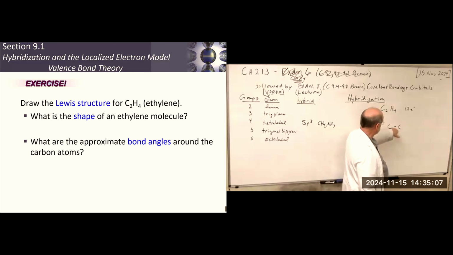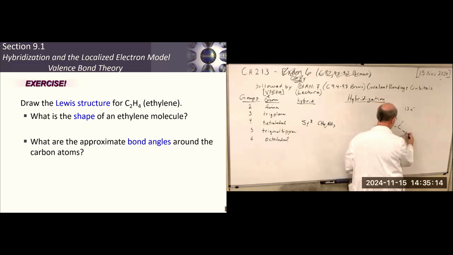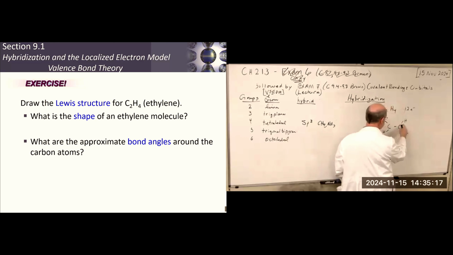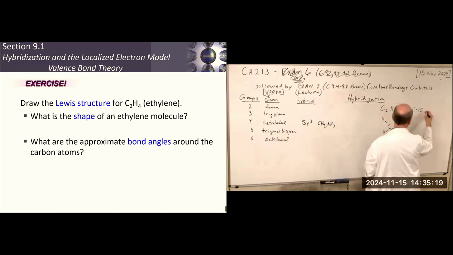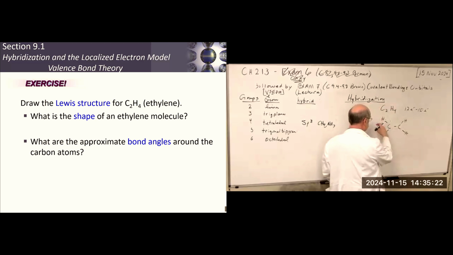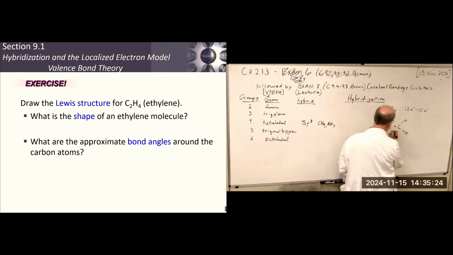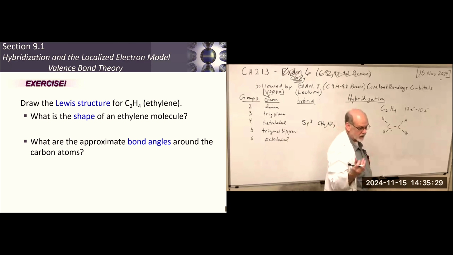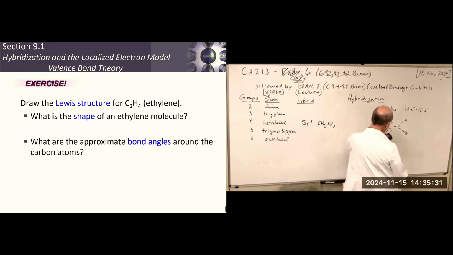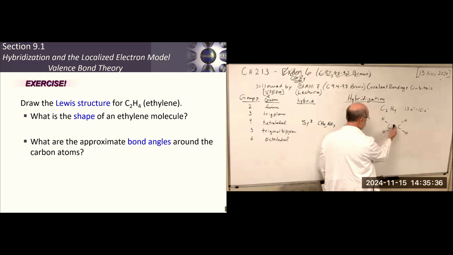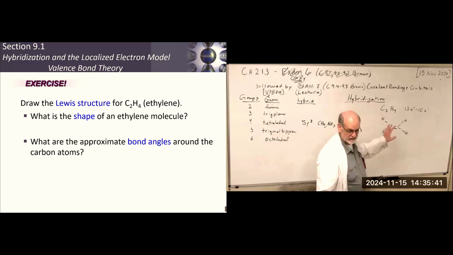Those two carbons are bound together, and then the hydrogens go symmetrically, like this. 2, 4, 6, 8, 10. There's no room for electrons on the hydrogens, so we put those extra 2 on one of the carbons, but we need to make an octet, just like always. So we take these 2 and make a double bond here. That gives us 2, 4, 6, 8, 2, 4, 6, 8. So that would be the Lewis structure for ethylene.